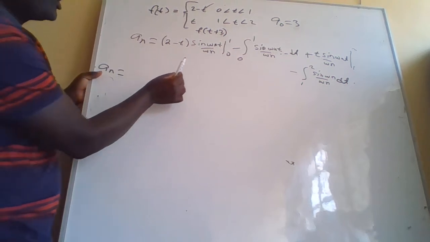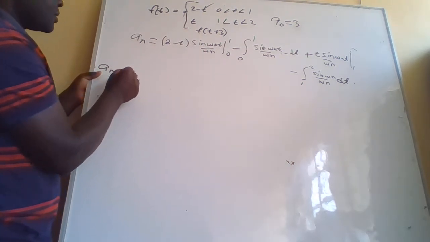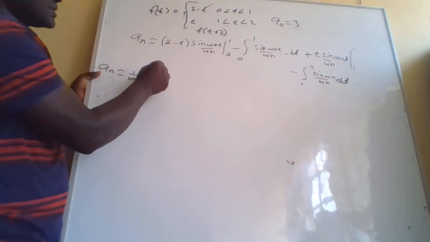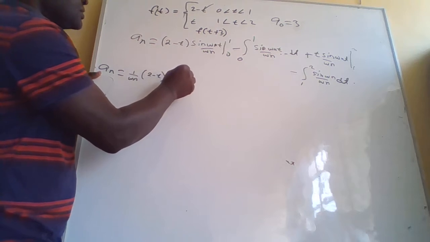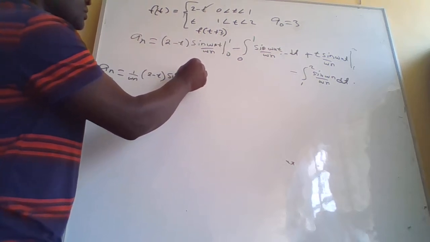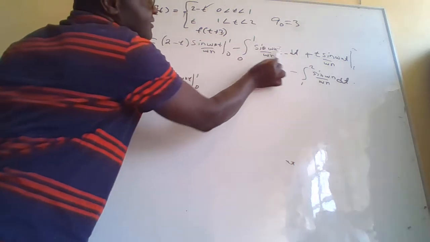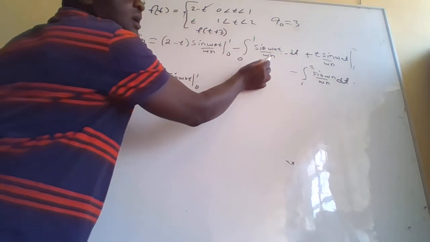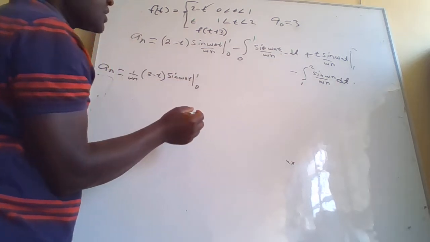Now a_n would be equal to, I want to modify this, 1 over ω_n times (2 − t) sin(ω_n t) from 0 to 1. Then this negative and this will turn to be positive, and then we take out 1 over ω_n because it's a constant.